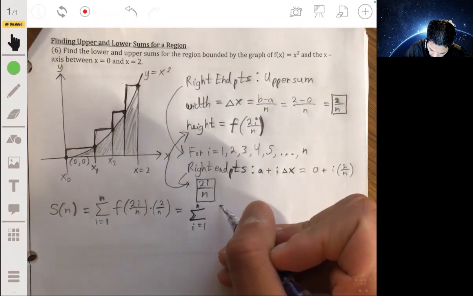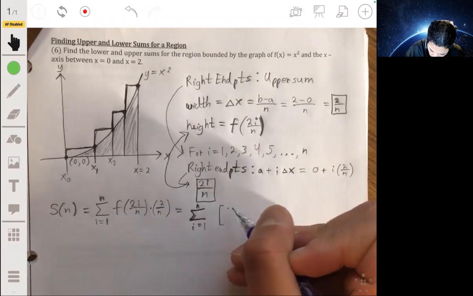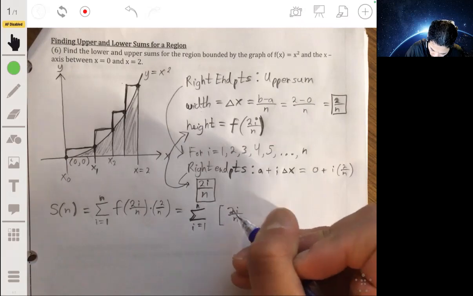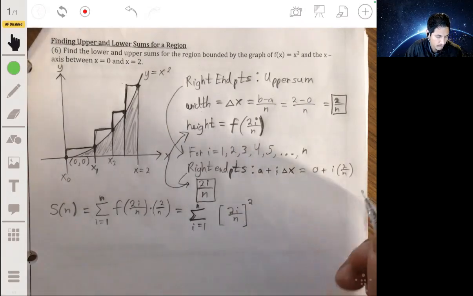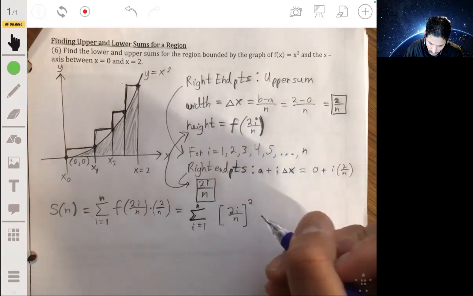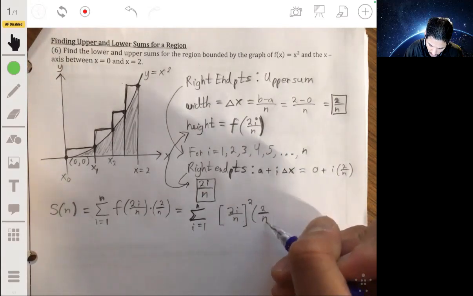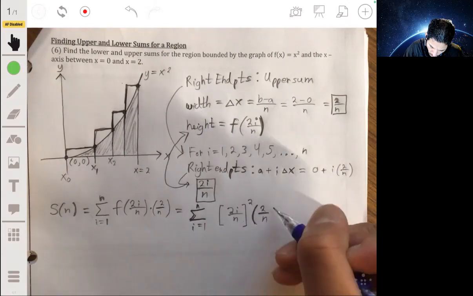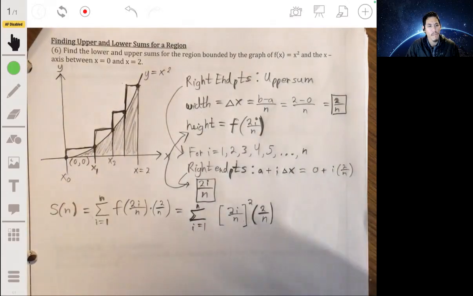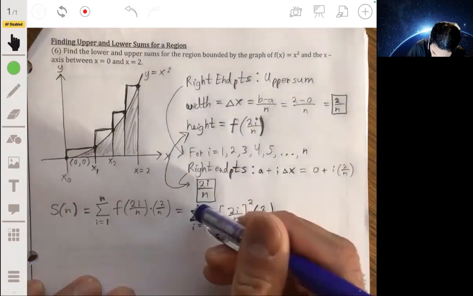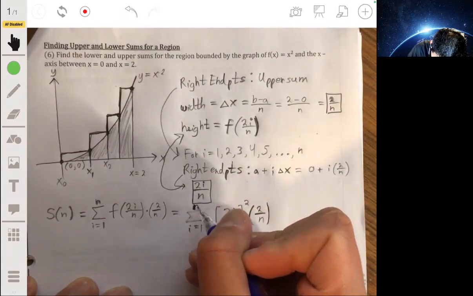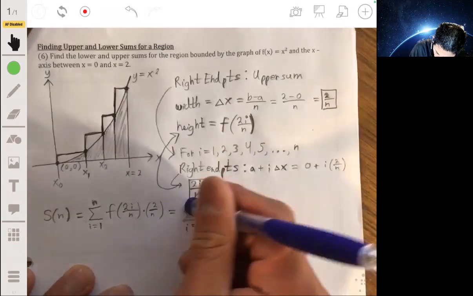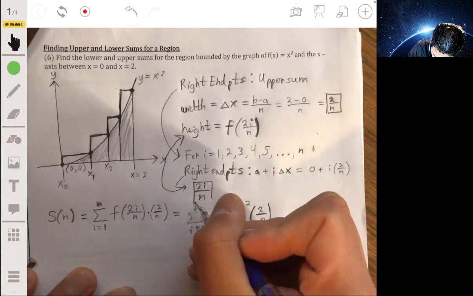So we're going to have 2i over n all to the second power times 2 over n. Let me write this a little neater, I don't like the way that's looking.